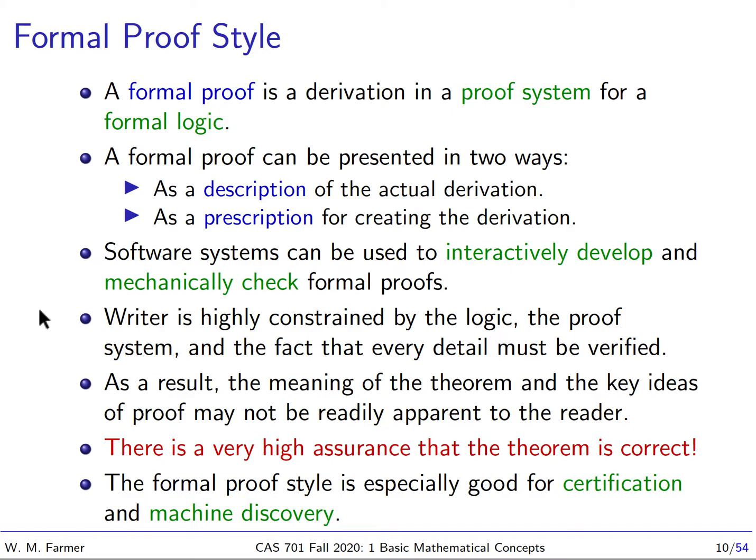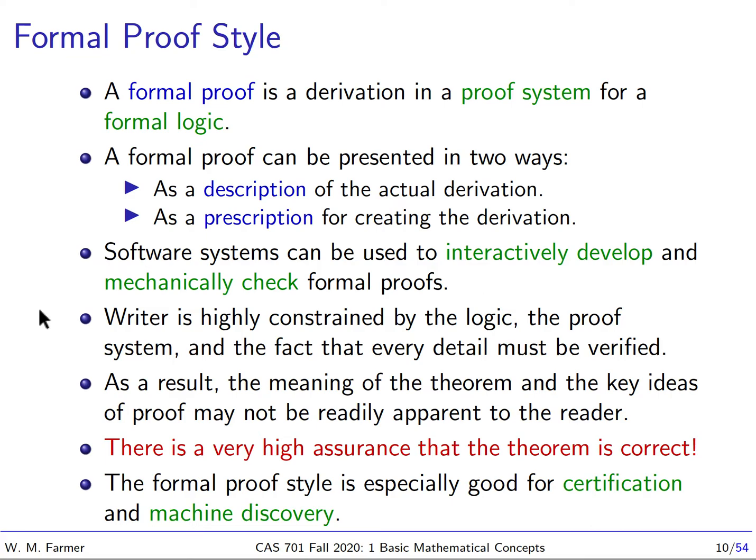Now, it's not all grand here. The writer is highly constrained. The writer is constrained by the logic. The writer has to follow the proof system. The writer can only use rules of inference that are in the proof system. And every detail must be verified. So even though the software is going to help us, producing formal proofs is very burdensome.